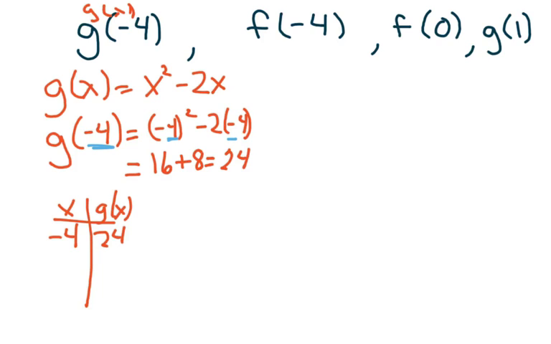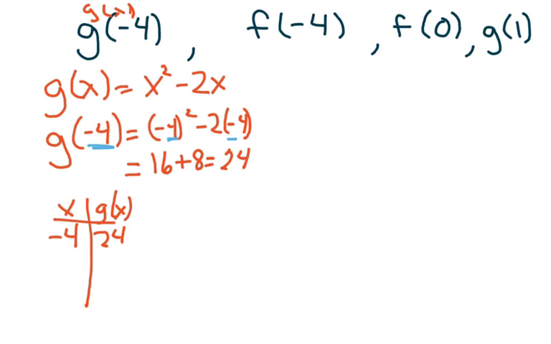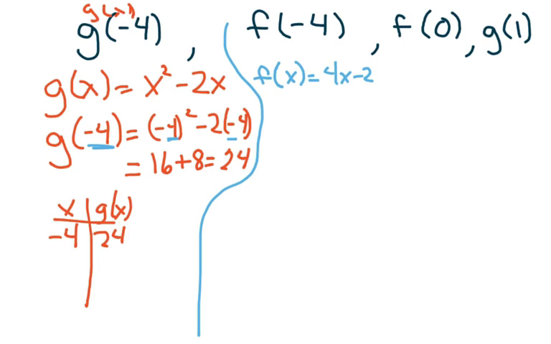So let's try f of negative 4. I'm going to write down my f function, 4x minus 2. So I'm going to write f of x equals 4x minus 2. Now, okay, I'm not going to have room. f of negative 4, everywhere there's an x, I'm going to put negative 4.